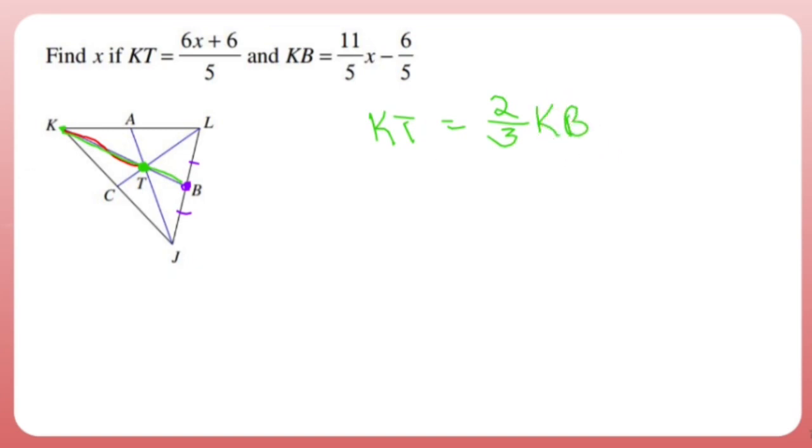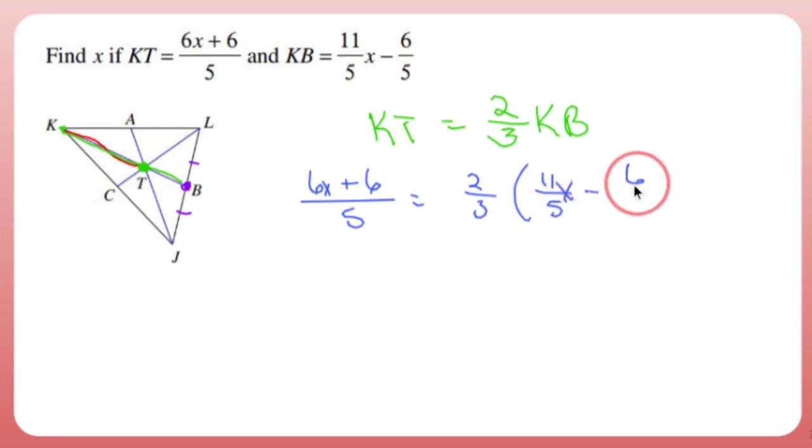Okay, so this is going to take a few minutes. KT is 6x plus 6 all over 5. That's going to equal 2/3 of 11 fifths x minus 6 over 5.